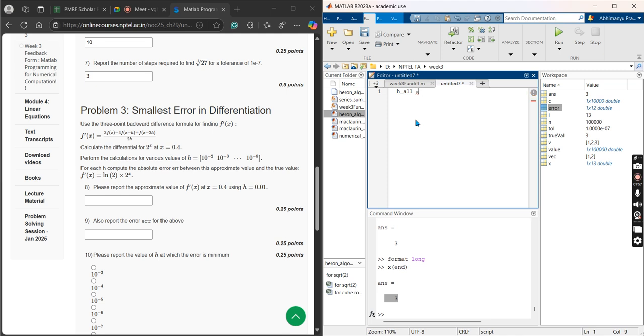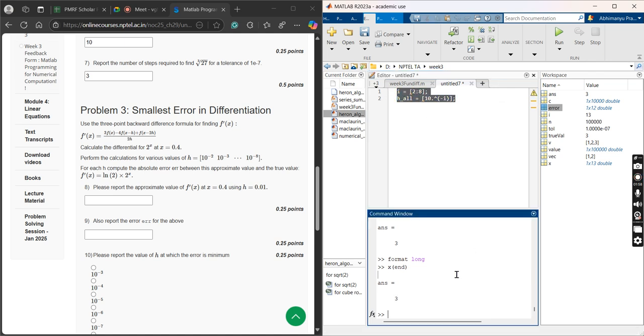Now my h all should be 10 to the element-wise power of minus I. Let me just check if this is correct or not.